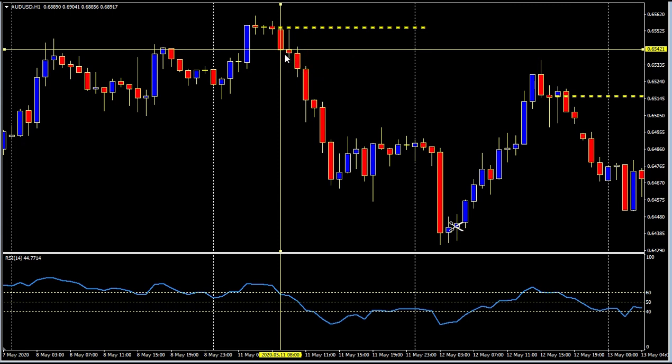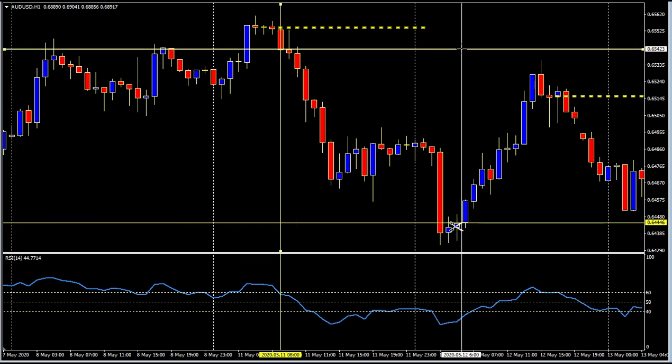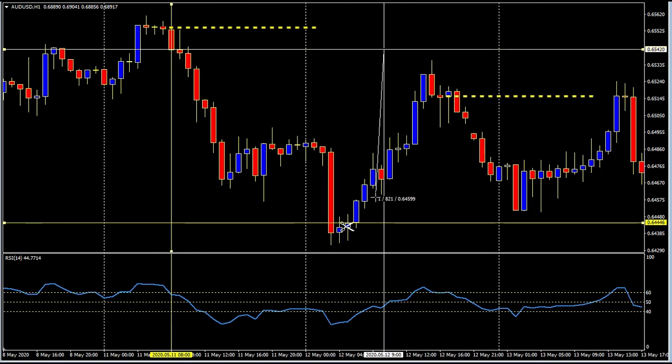At the open of this candle, we will sell. And then we exit when we see the pair of scissors here. And we make a profit of 97 pips. So this is how it goes on.